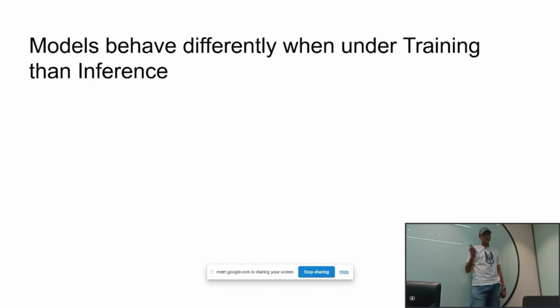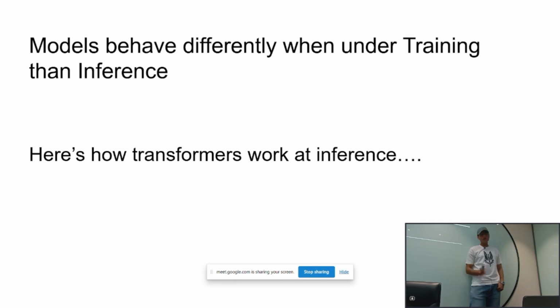You make a forward pass of the model, you calculate a predicted output, you take the difference of the actual output and the predicted output, and then you make a backward pass to update the weights based on the loss. So every time you are doing this, you are making two passes of the model. One is forward, the other is backward. But when we are doing inference, we are only moving in one direction, that is from input to output.